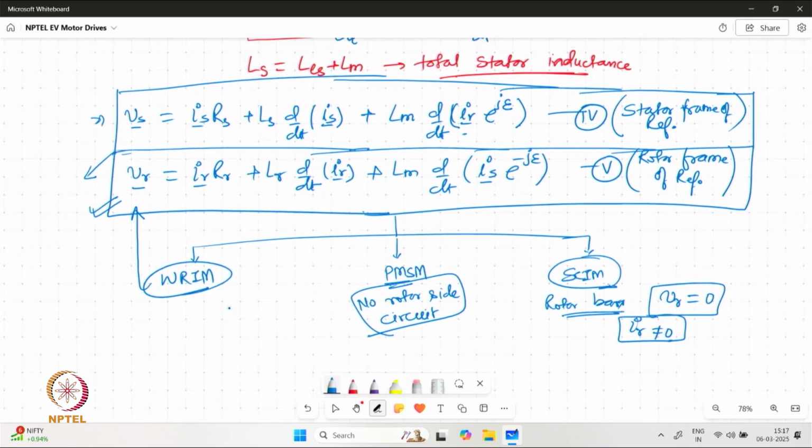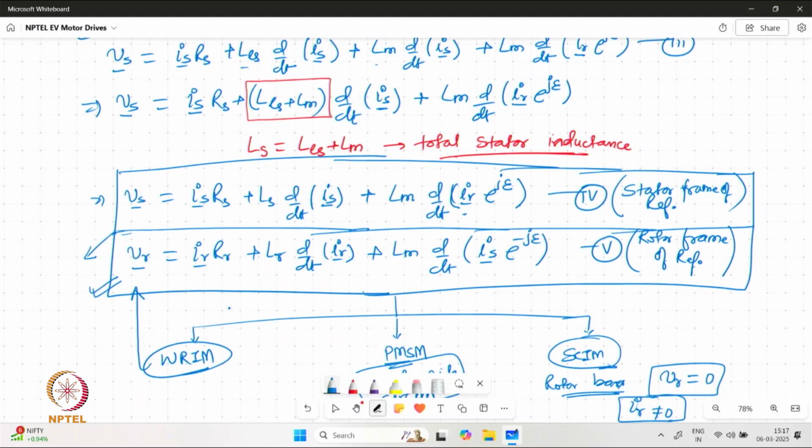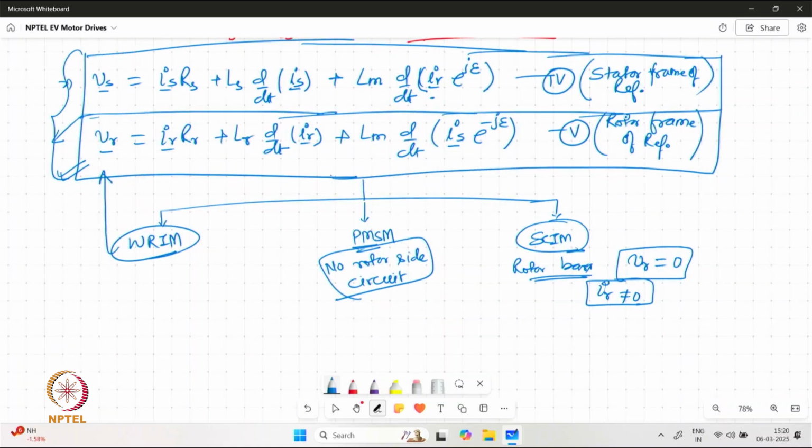So this generic model for the symmetrical machine can serve the purpose for all such machines which are falling in this category. Going ahead, we are going to deal particularly with the PMSM and squirrel cage induction machine in this course.